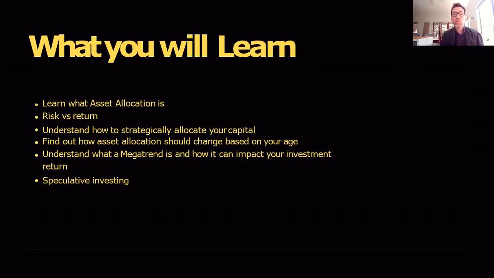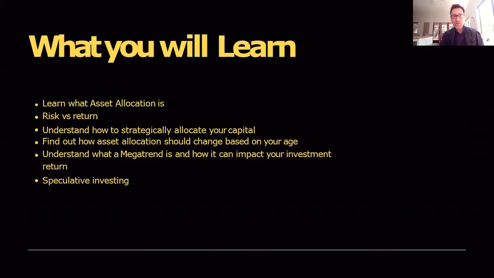We'll also be exploring what a mega trend is and how that can impact your investment returns. And finally, we'll be exploring speculative investing and how that can be used as an asset class as well. So let's dive straight in.